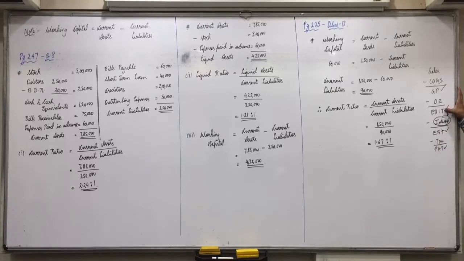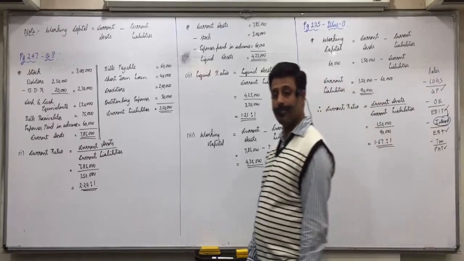If this profit is 5 or 6 times of interest, then in future if this profit goes down by 5 times, until that point we will be in a position to pay interest. So profit upon interest. Which profit? Earnings before interest and tax. Is everyone clear with it?